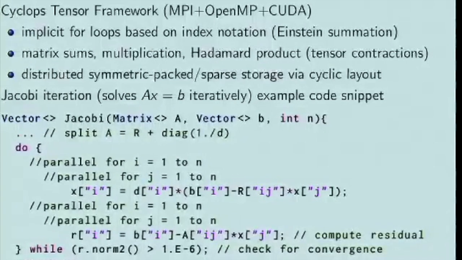The matrix vector multiplication is here. Then we have essentially a summation. We subtract from the right-hand side the output of this matrix vector multiplication, and we scale each element, so we compute pointwise product with d, all in this simple notation. Then we can compute the residual simply like that. And this norm2 function is specialized to compute the norm of a vector or a matrix. So this is the Frobenius norm, actually, for any tensor.